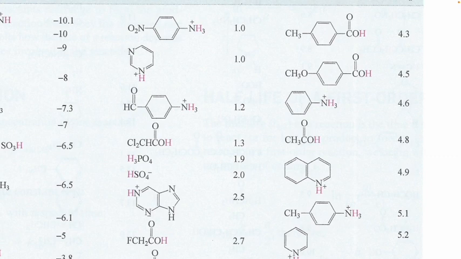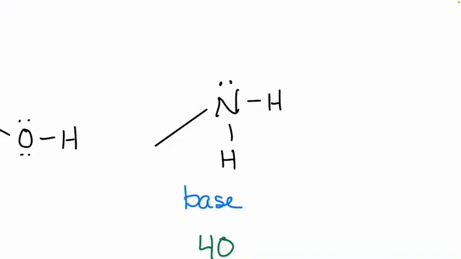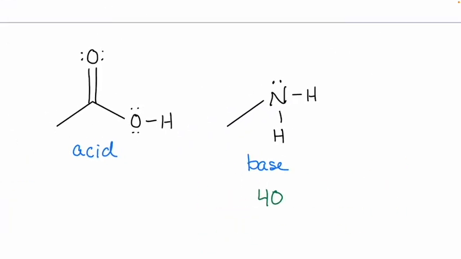Anybody got it? What is it? 4.8. This one right here is the condensed structure for our acid here. All right, so our pKa here is 4.8. And does that check out? Which one's the acid and which one's the base? Right? The smaller the pKa, the stronger the acid. So check, check. Numbers work out. Okay?